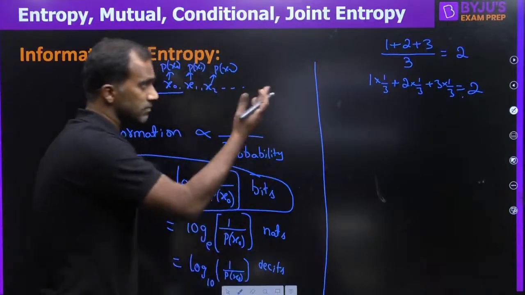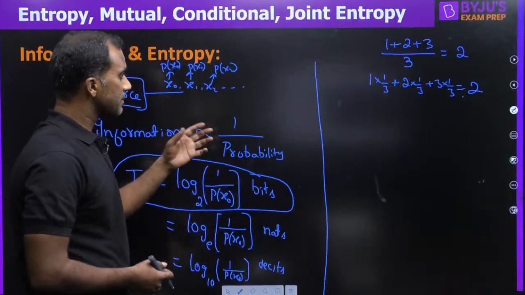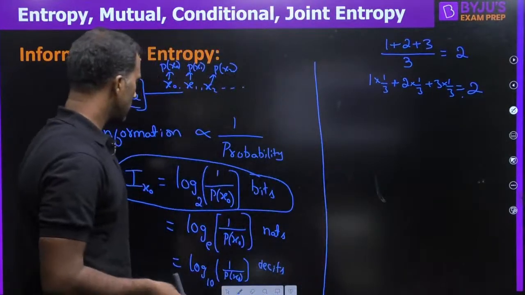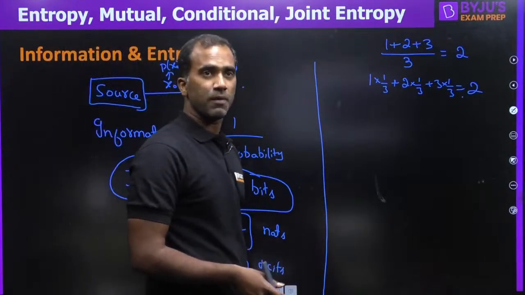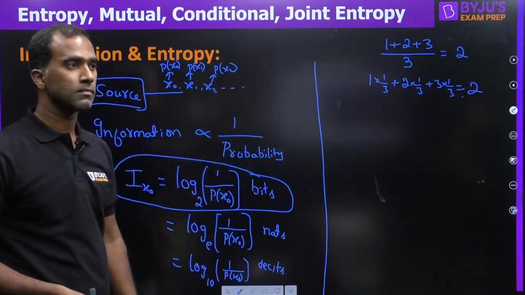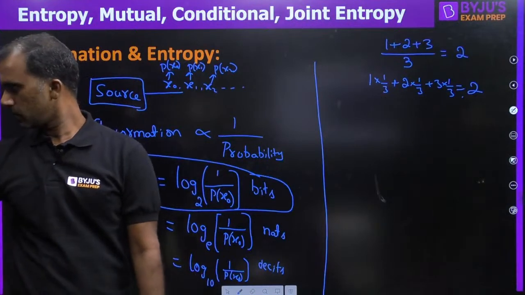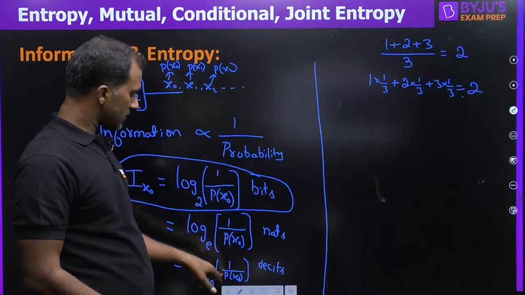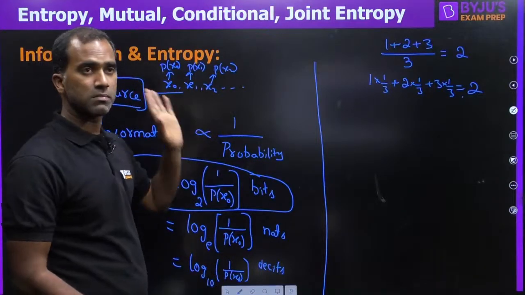Right. So using that basic, let us talk about average information from a source. We have talked about information in a particular symbol. Using this basic, we can find information in all symbols.